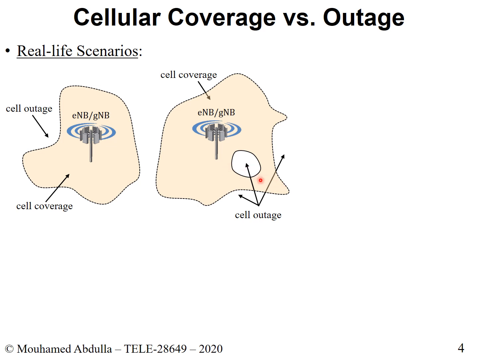Well, here maybe you got a signal because you got some reflection. You got some buildings here that reflected the wave and brought it here, but not here. Here you had buildings that surrounded it, and for some reason, there's total outage in this area. So these things could happen in real life. At the end of the day, you might ask yourself, how can I represent this analytically or mathematically?